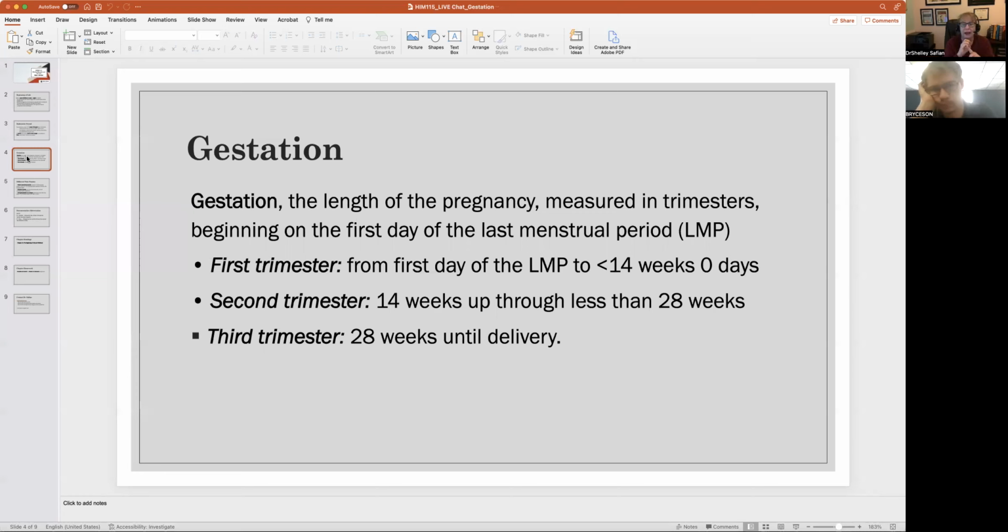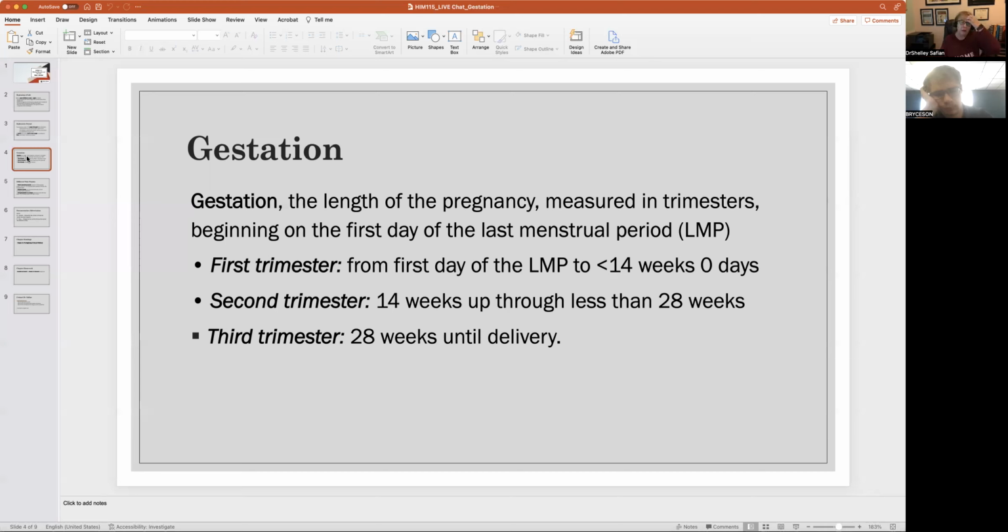Okay. The first trimester, from the first day of the last menstrual period up to 13 weeks, 6 days, which is less than 14 weeks, 0 days, is the first trimester. Second trimester, 14 weeks up through less than 28 weeks.